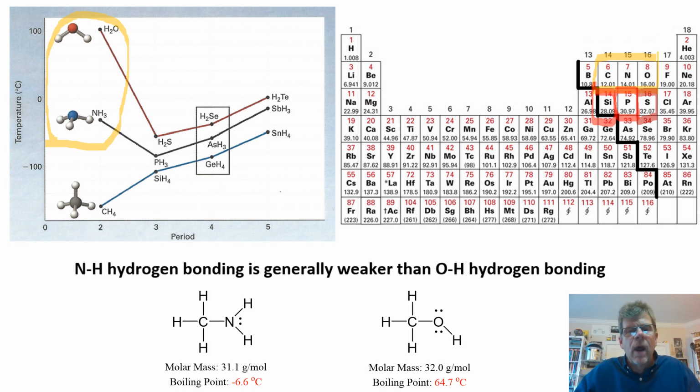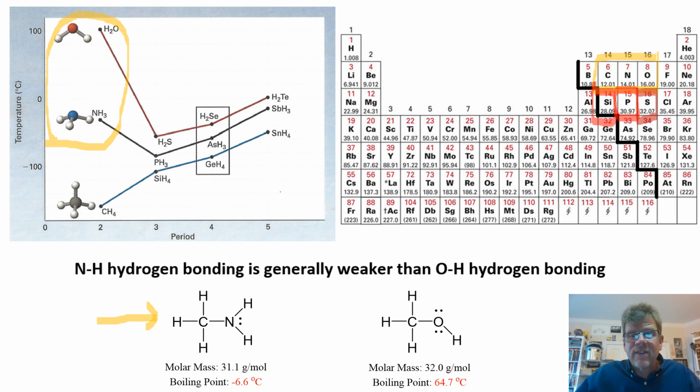That's just a truism. And we can, again, compare two different molecules, one containing NH bonds and one containing OH bonds. Let's look at the molar mass of each of these. They're about exactly equal. However, looking at the boiling points, the NH containing representative molecule has about a minus 7 degrees Celsius boiling point, whereas the representative oxygen or OH containing one, both can hydrogen bond, remember, is about plus 65 degrees, a huge difference in boiling points.